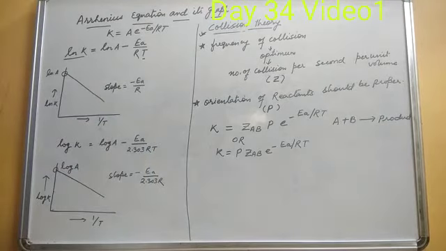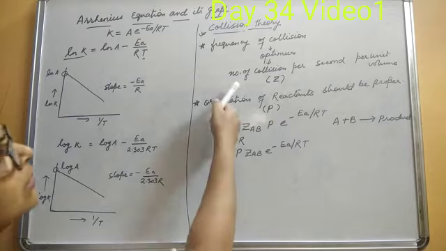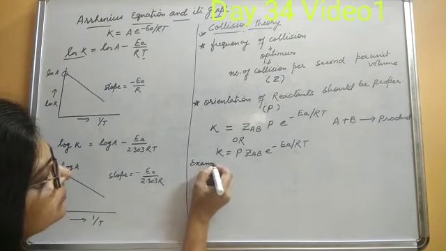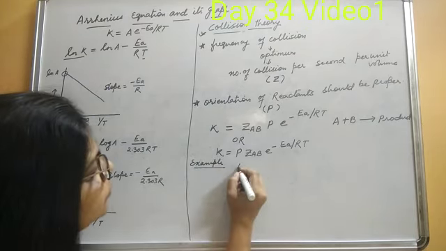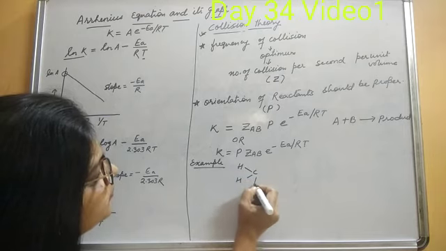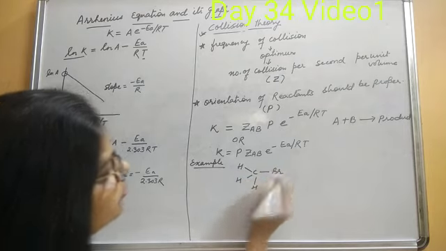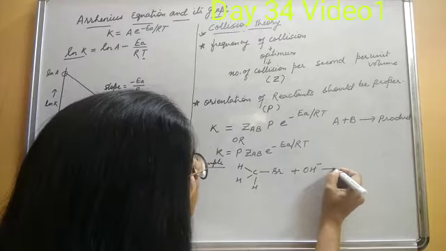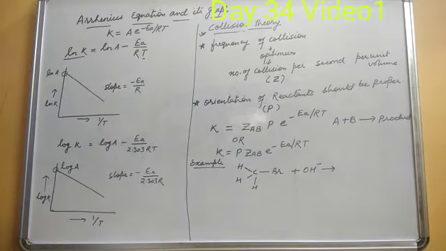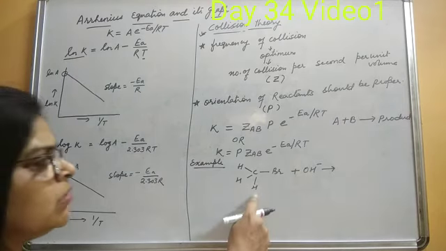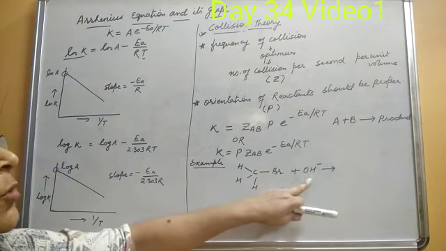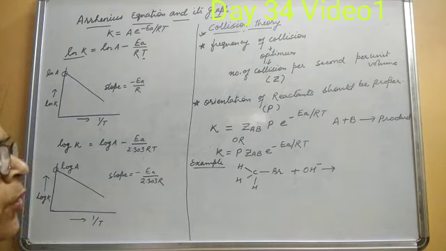With the help of an example, we should understand the orientation factor. I am taking the example of the CH3Br molecule, methyl bromide, reacting with alkali. Hydroxyl ions attack this methyl bromide, methanol is formed, and bromide ions are removed, or if it is NaOH or KOH, then sodium or potassium bromide is formed.